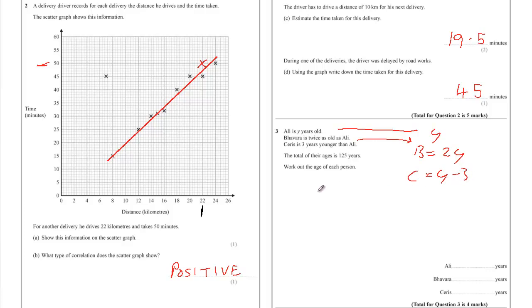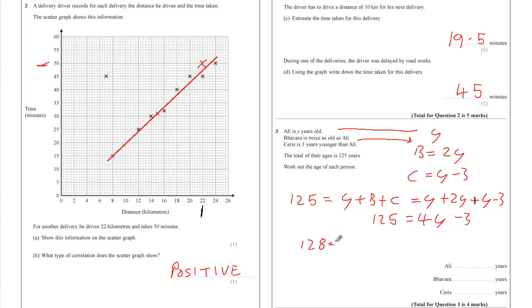And they all add up to make 125. So 125 equals y plus b plus c, which equals y plus 2y plus y minus 3. Collecting the y's, 4y minus 3, that's 125, isn't it? So bring the 3 over, 128 equals 4y.